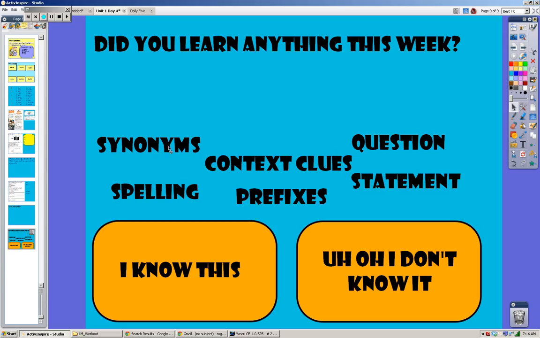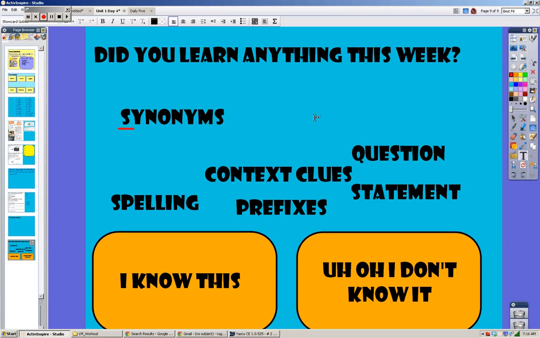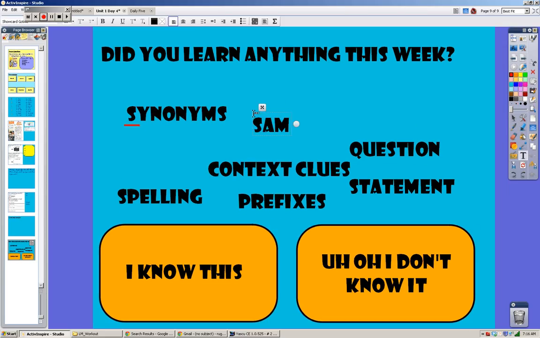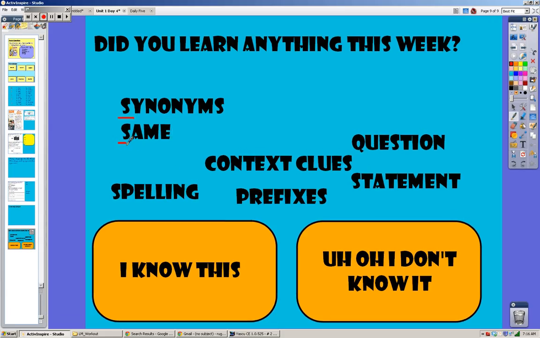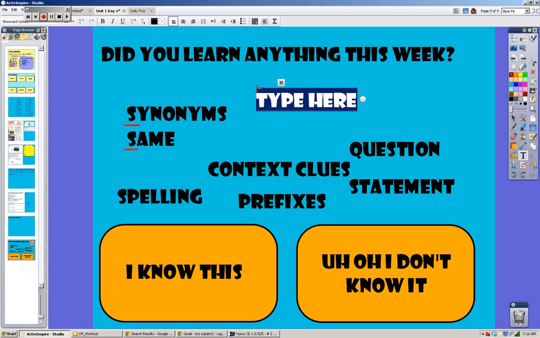We also talked about synonyms. Remember that the S in synonym stands for same. So you can see the S in synonym and the S in same. It means the same word. For example, let's throw one out here. Give me a synonym for big.